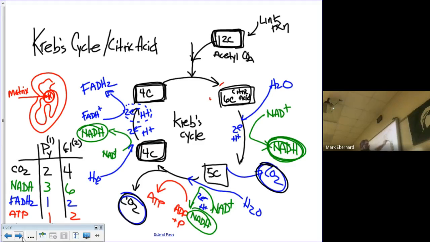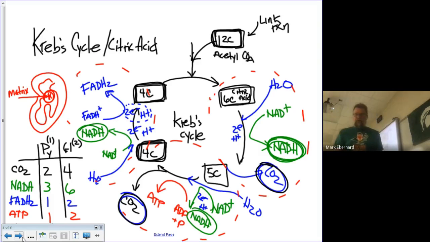Here we're oxidizing and reducing. Here we're oxidizing and reducing. Here we're oxidizing and reducing. Every time we oxidize and reduce, we strip off more electrons, more hydrogen, more energy, and we put it temporarily into the carrier molecules of NAD and FADH.